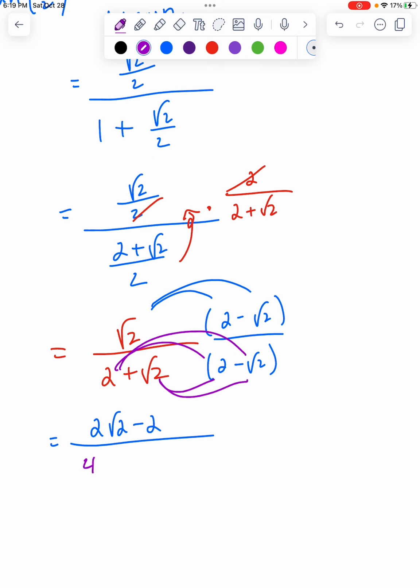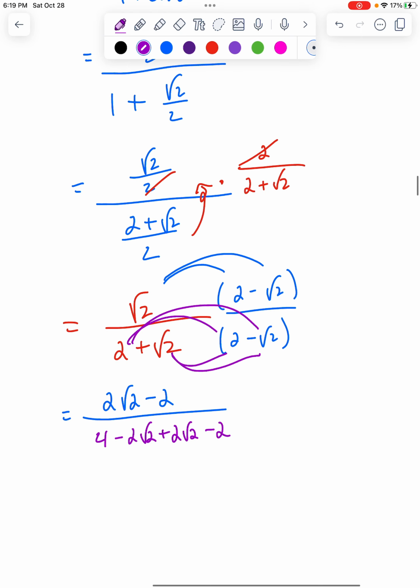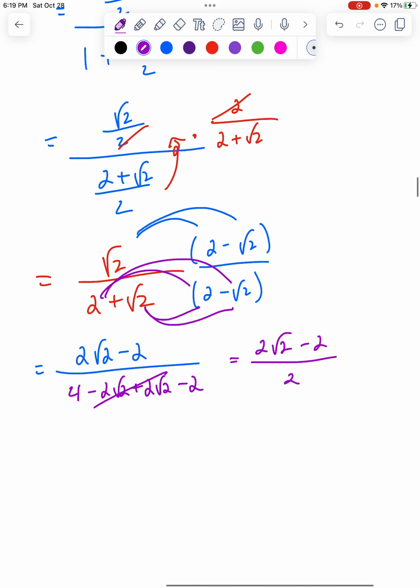This becomes 4 minus 2 root 2 plus 2 root 2 minus 2. Those 2 root 2's cancel out, so we just get 2 radical 2 minus 2, all over 2. And here we don't have to worry about killing kittens, so this will reduce to radical 2 minus 1.